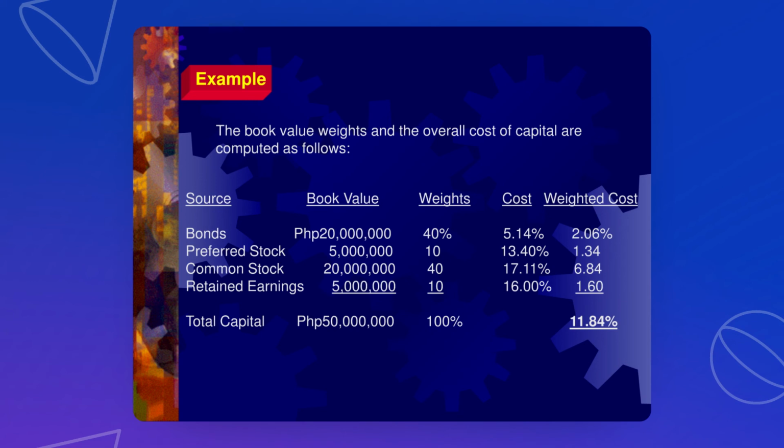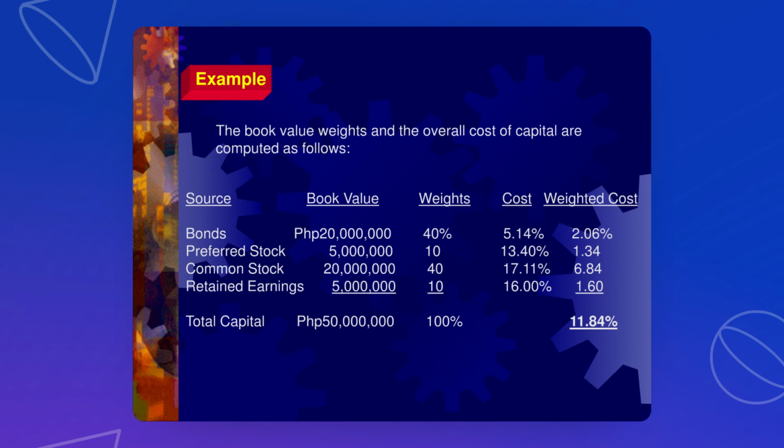The value weight for this one is the book value. So, you have 20, you have 5, you have 20, you have 5. So, the weights here are 40, 10, 40, 10. Where did the 40 come from? 20 million, just divide it by 50 million, you have 40%. Your preference, you have 5 million, divide it by 50, you have 10%.